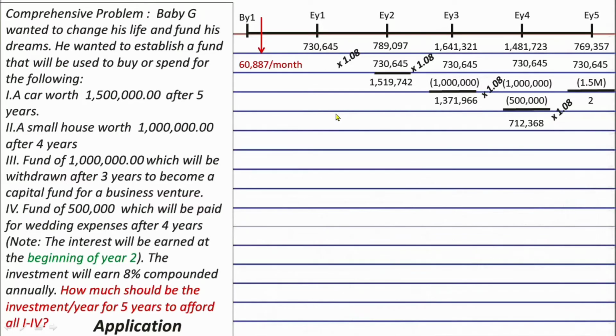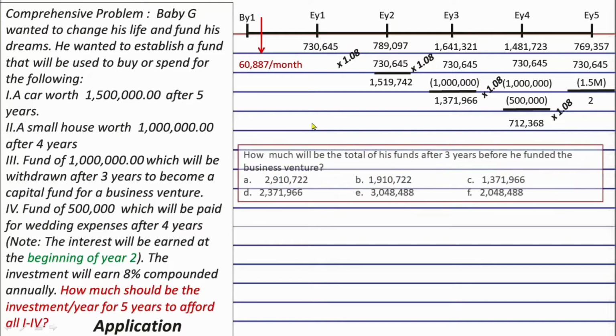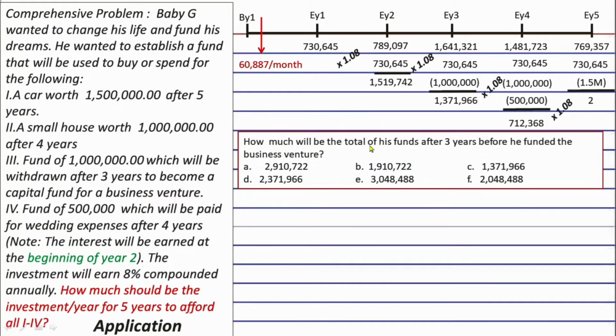Now, let's have question number 2, which is how much will be the total of his funds, Baby G's funds, after 3 years before he funded the business venture. So this is also easy, right? Because we can already see it here in the timeline. So the balance here at the end of year 3 is 1,371,966.